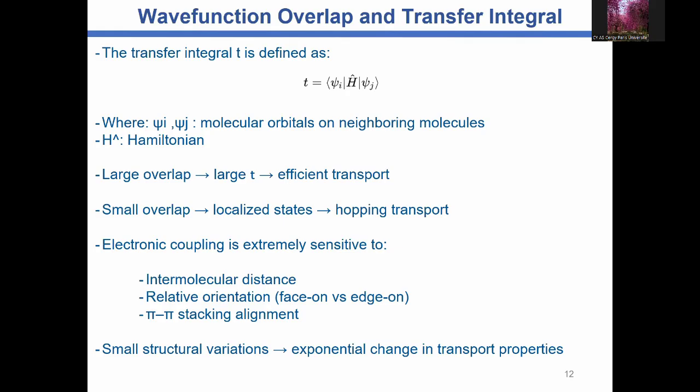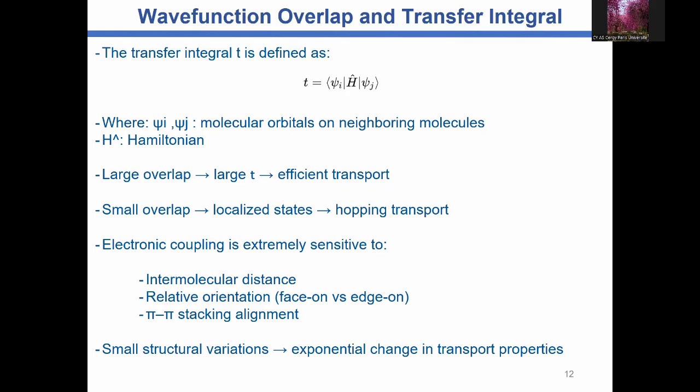And if we have a large overlap between these two wave functions, we have really good transport. If the overlap is small, actually, we have localized states.